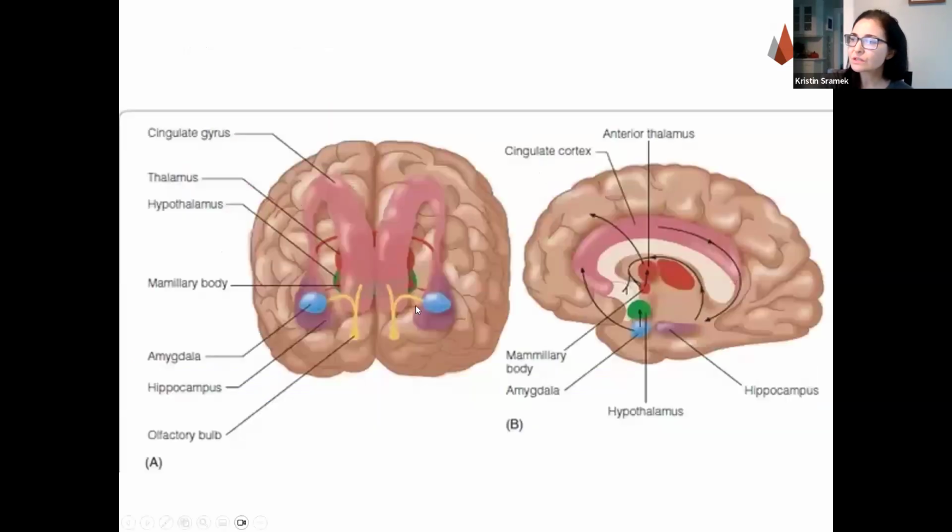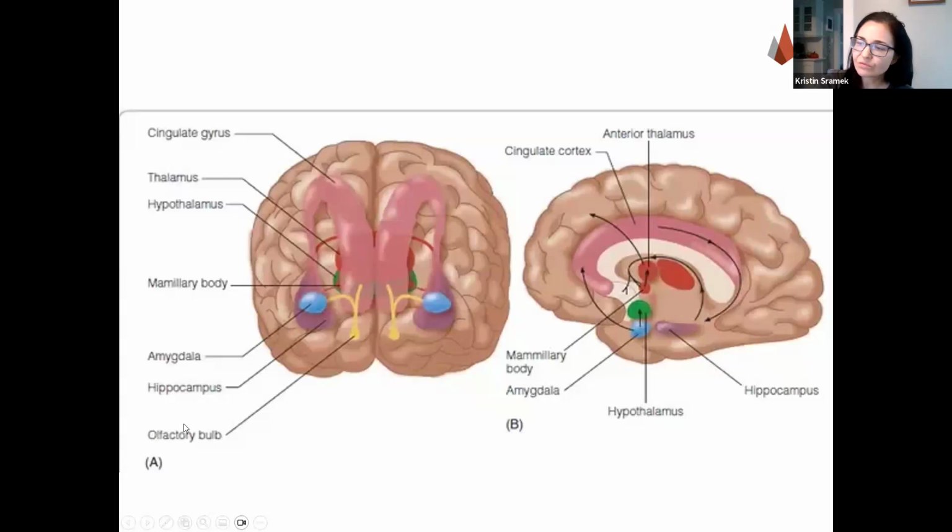Here's another view. This is from the front, called the rostral view, or from the face. So if we're looking at the brain from the front, then we have these hippocampi that are staring at us with the amygdala right there on top.